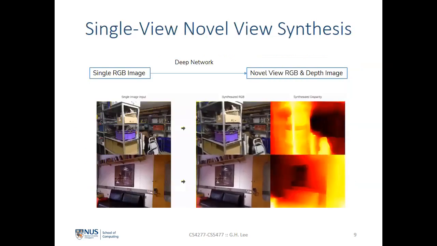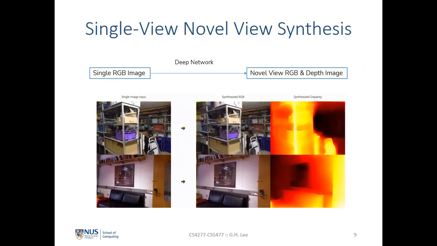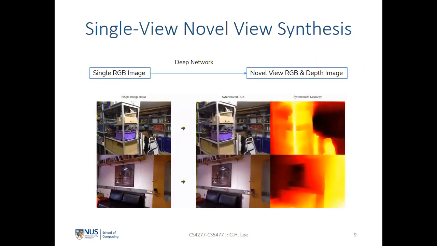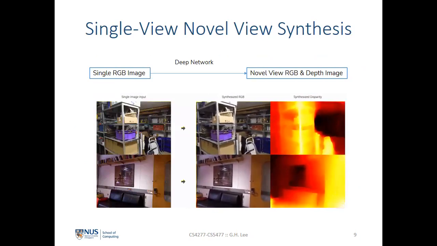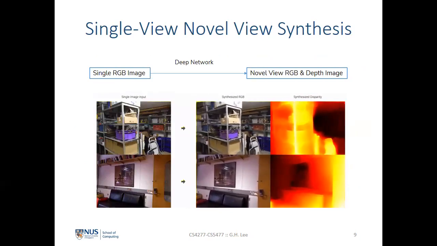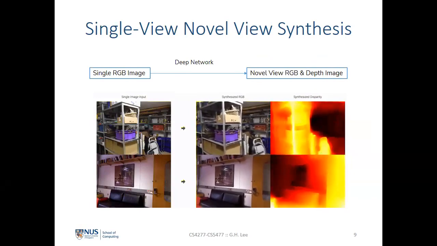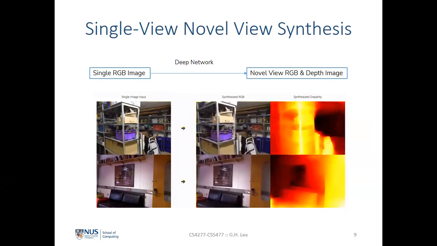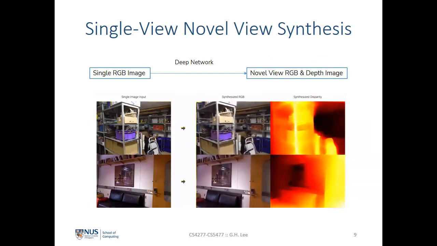Okay, and the idea of neural radiance view is to do single view novel synthesis, and this is actually not a new concept. It has existed for a very, very long time. What you want is to give a single input image.